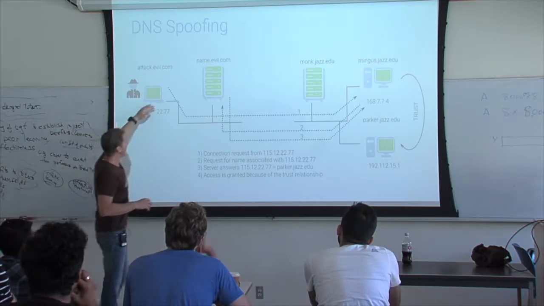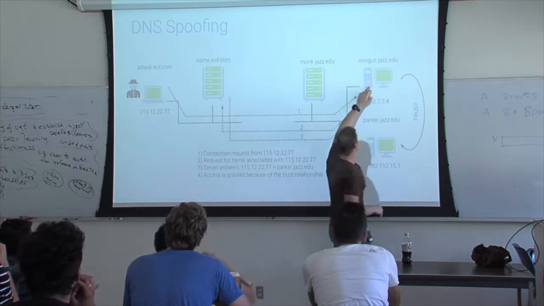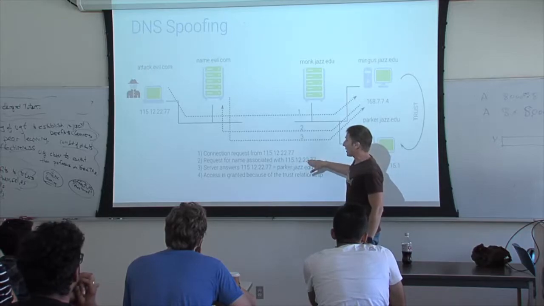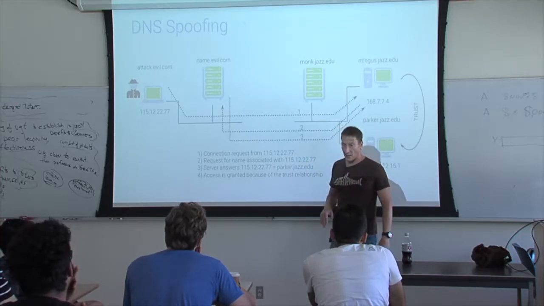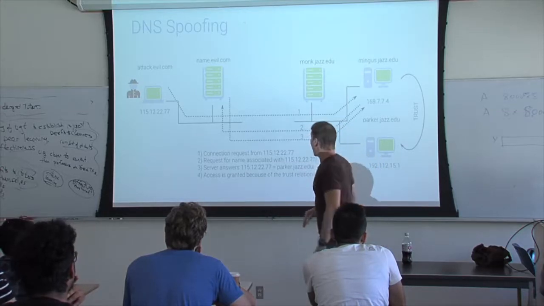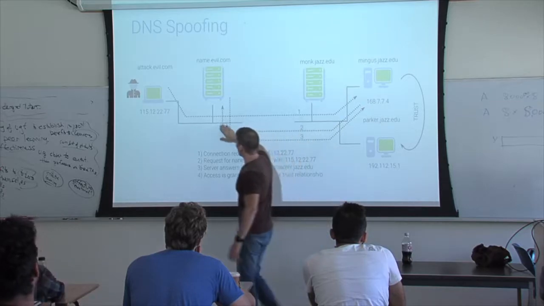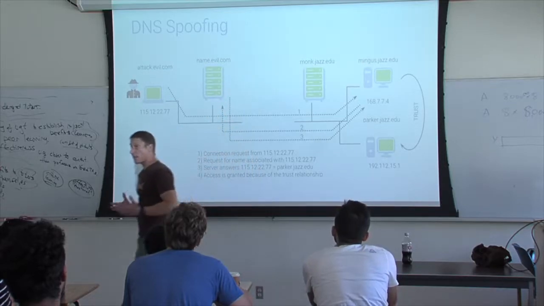So the TCP connection happens, and when this server sees that IP address, it asks, okay, what is the name for this IP address? And the request will actually go through the infrastructure, and it will end in the server that is authoritative for that IP address.